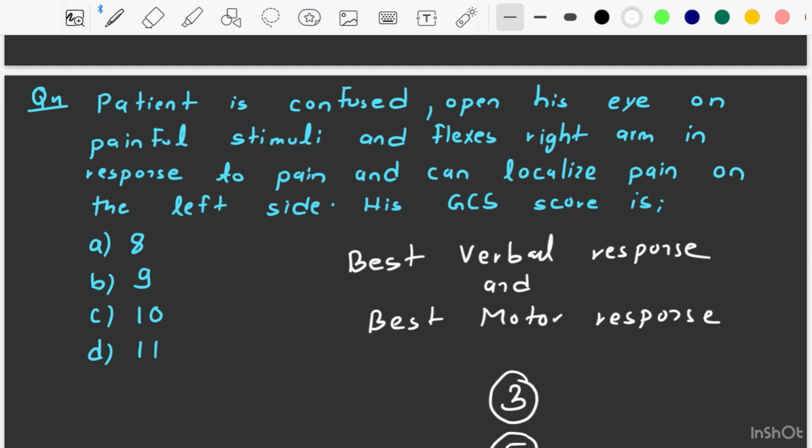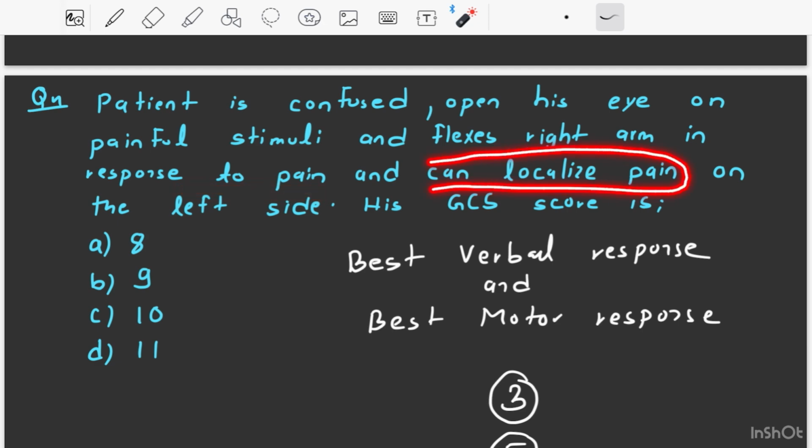So what should we do? Here comes the concept of best verbal and best motor response. We always take the best scoring of the patient. The patient here flexes right arm in response to pain, but he can localize pain, which is his best capability.